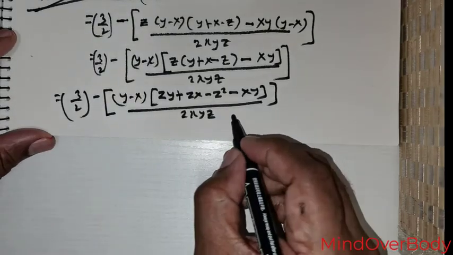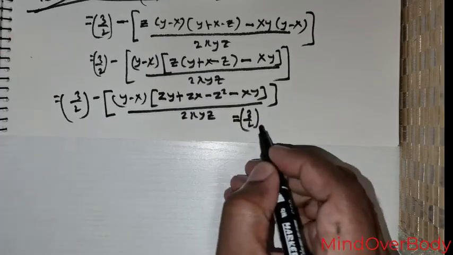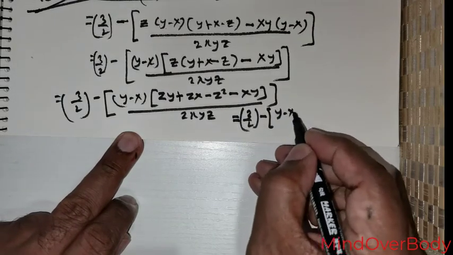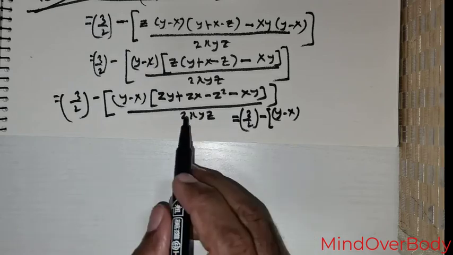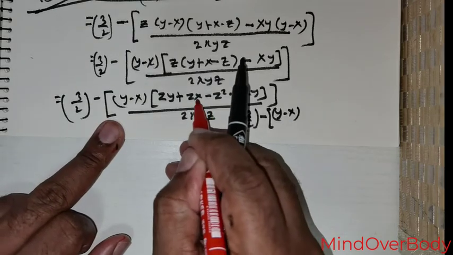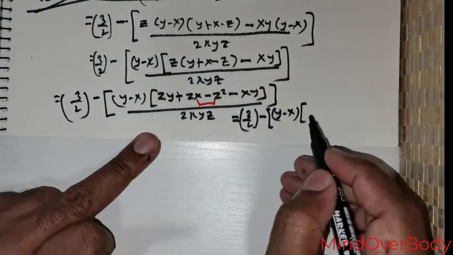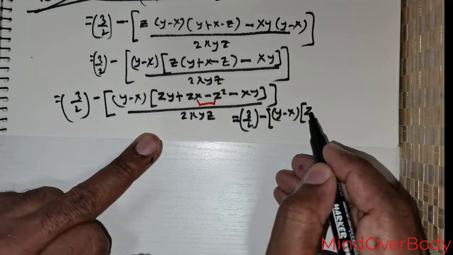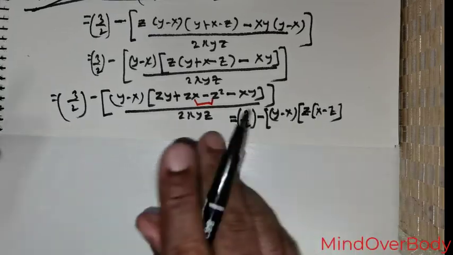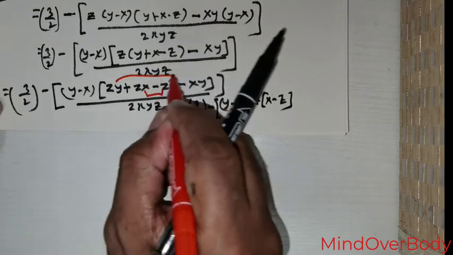Now what I wish to do is I will have to split these terms, so let 3 over 2 be there, followed by a negative sign, and I got y negative x here. Now I will be clubbing these two together. So if I club these two together, I can take z out, so if I take z out I would get x negative z. That's fine. And I will club these two together.